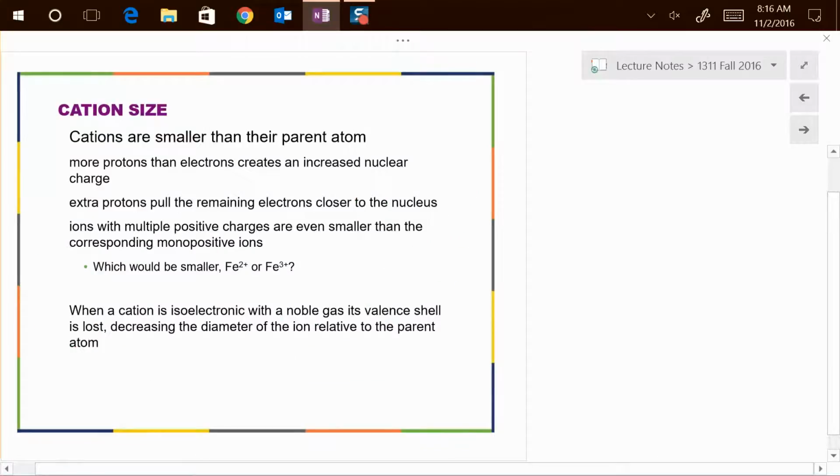Now, what happens if I lose an electron? Now what's going to happen to the size of my atom? It's going to get smaller. Why? Now it's going to have an extra proton pulling harder. The protons are outnumbering the electrons. What determines the atomic size?